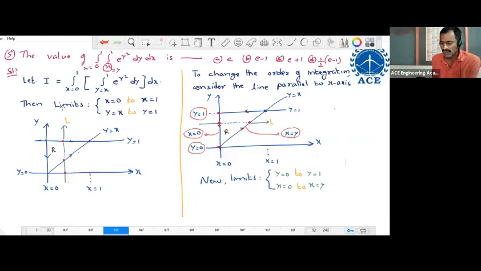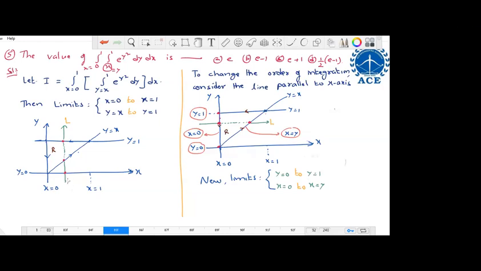And for drawing the line parallel to the x-axis, we should also draw in the increasing direction. Along the x-axis, increasing means only the right direction, not left. That's why we start from left to right. Here, down to up, bottom to top. Here, left to right.